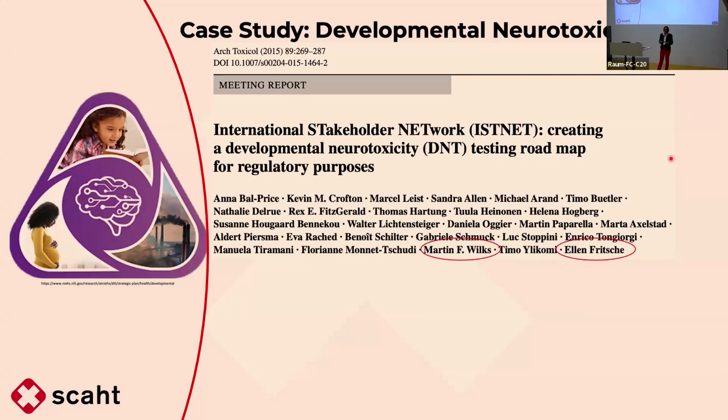How are we going to proceed? How are we going to get the new approach methods for DNT on the road and into regulation? And then it took basically 9 years from then to have an OECD document as a recommendation in hand, and I'll guide you through that.